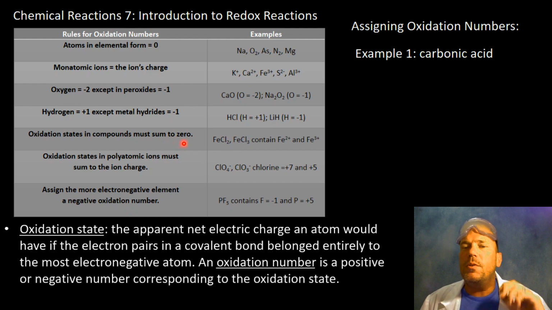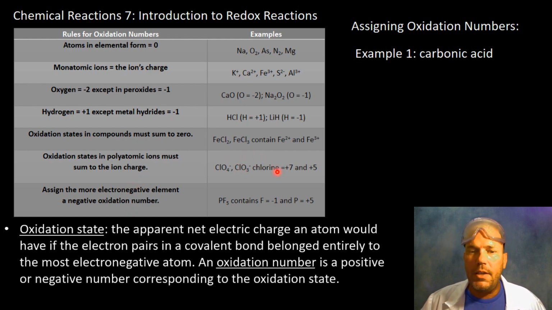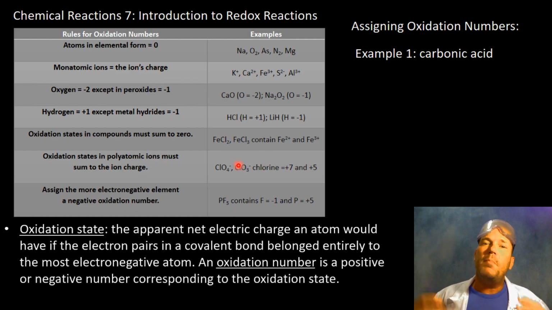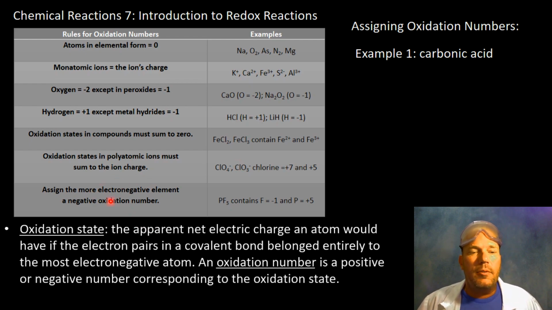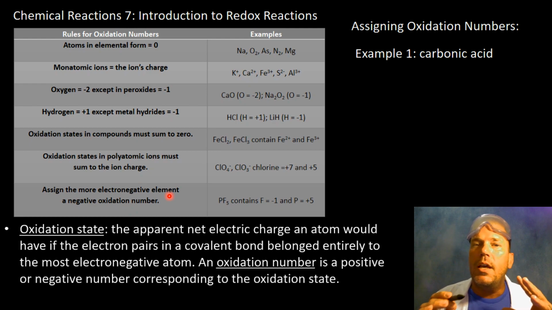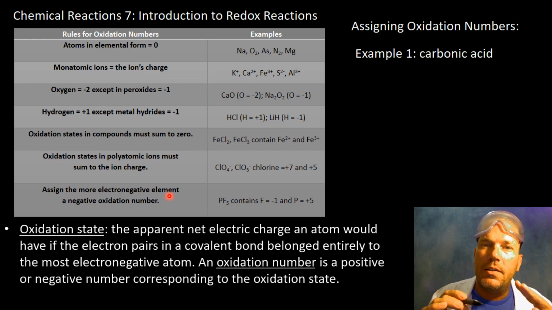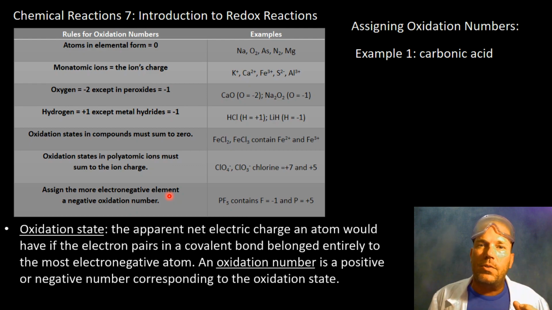The sum equals 0. We're going to go over some. However, when we're looking at oxidation states of polyatomic anions, or any polyatomic ion for that matter, the overall charge must match the charge of the ion. And then, of course, we're going to give the more electronegative element a negative oxidation number. Now, electronegative means the species that has the greatest affinity for electrons.